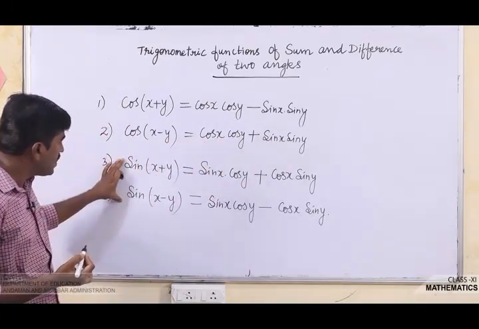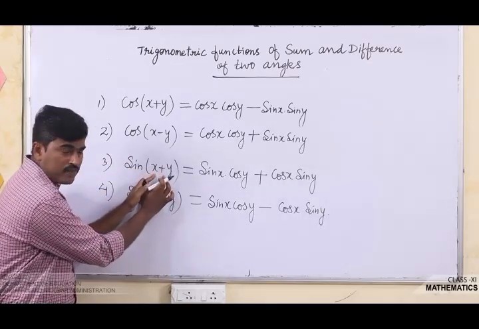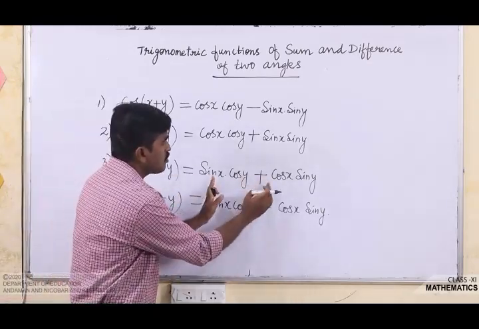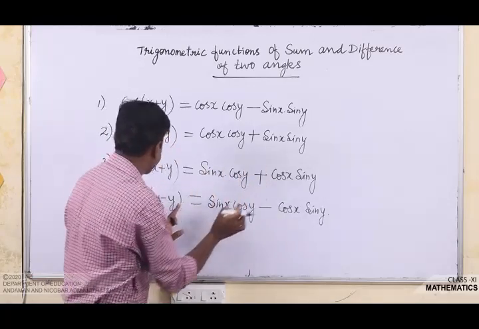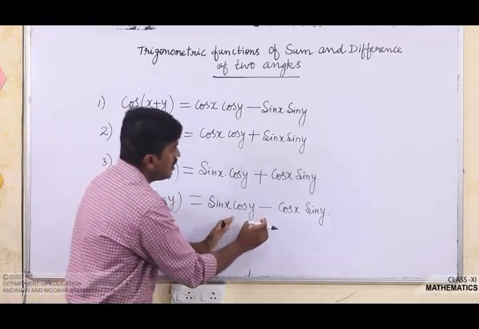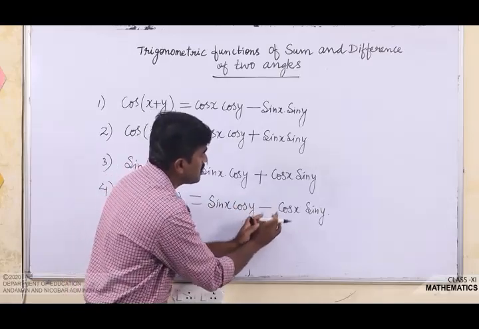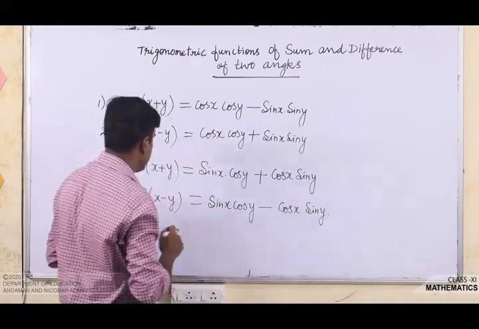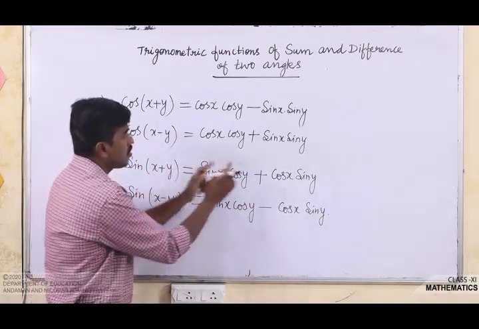Now in the case of the sine function, sin of x plus y, if it is the sum of two angles, then in this formula also there is a sum in the two terms, and if it is the difference of two angles, then here also the difference is there. That means sin x cos y minus cos x sin y. So minus here, minus here; plus here, plus here.